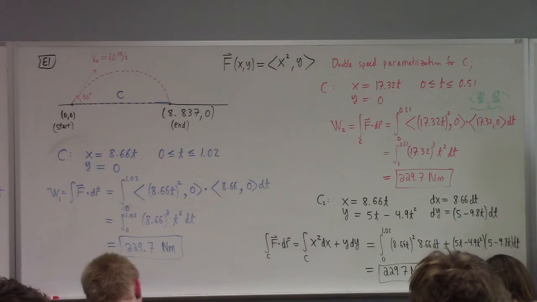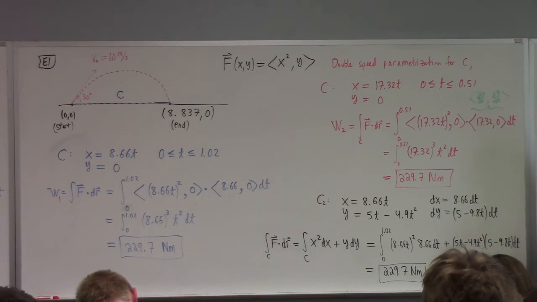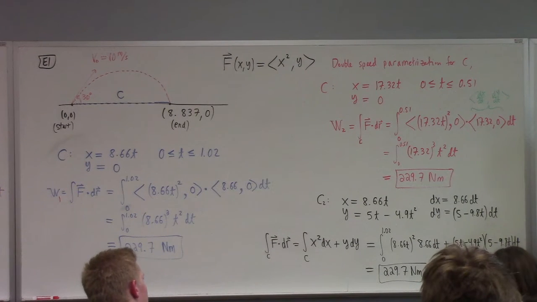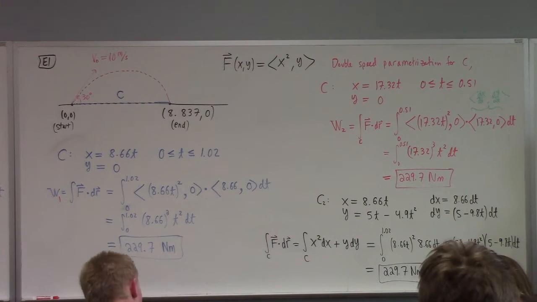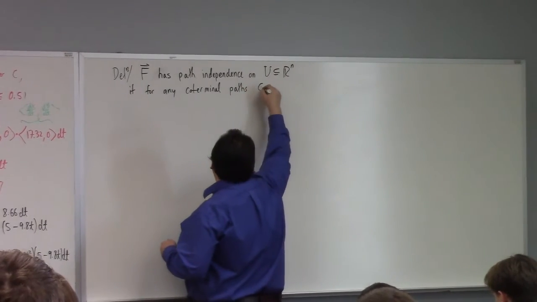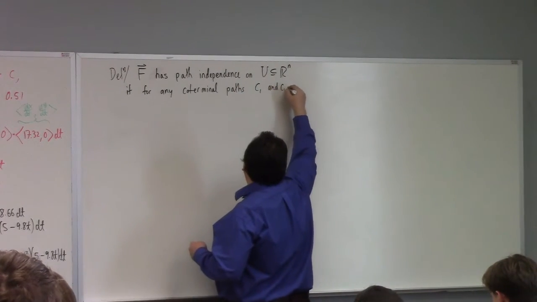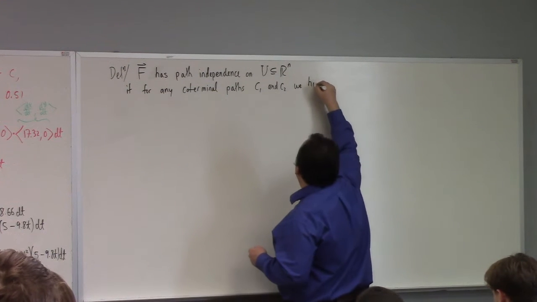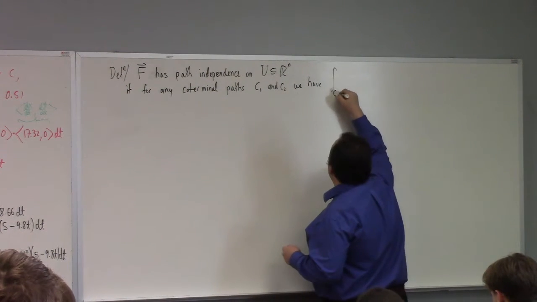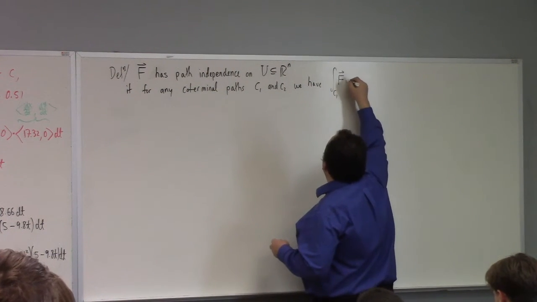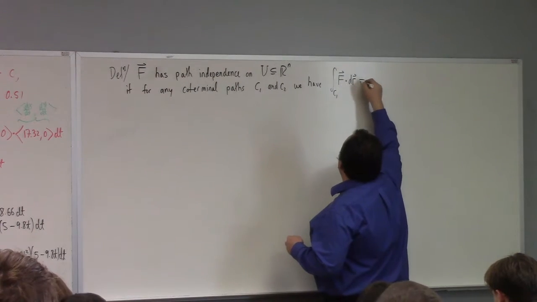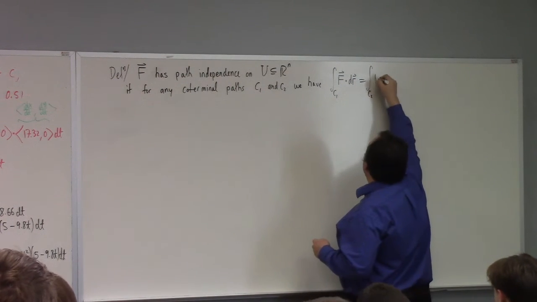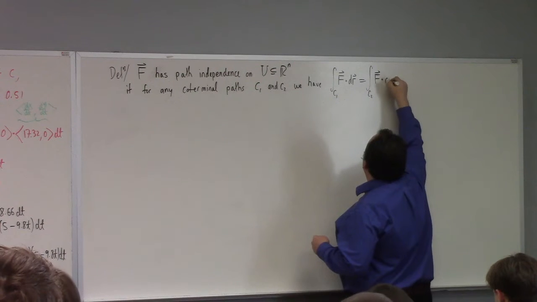F has path independence on U if for any coterminal paths, C1 and C2, the integral over C1 of F dot dr equals the integral over C2 of F dot dr.